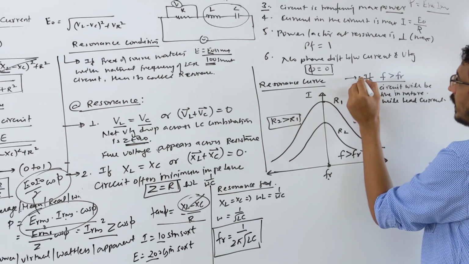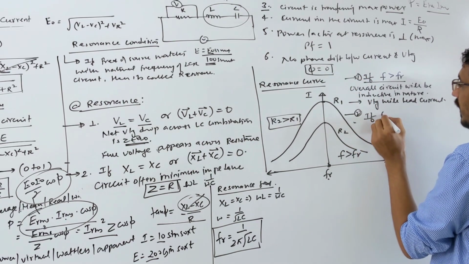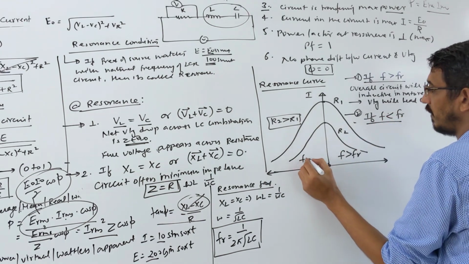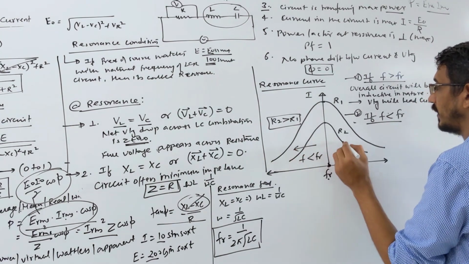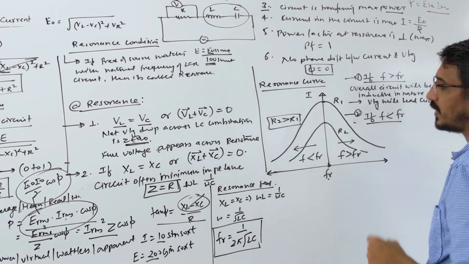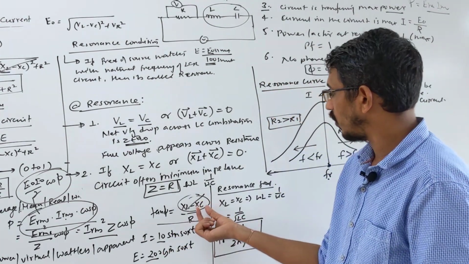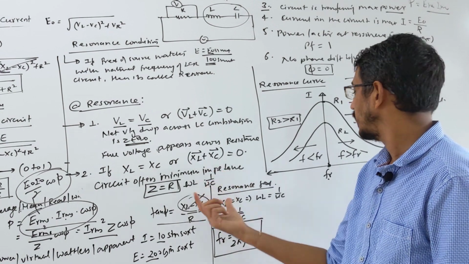Or, this case number 1, suppose the frequency we supplied is less than the resonance frequency, means you are talking about this region, F is less than FR, correct? On this side. If frequency is less than resonance frequency, then which term becomes powerful? Your XC term is more, because 1 by omega C, omega is small, so this becomes bigger.